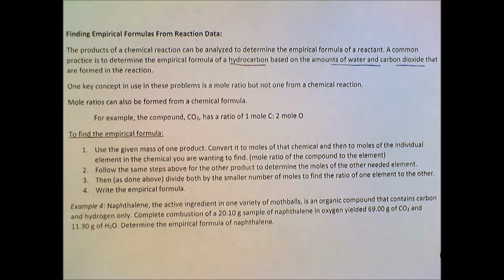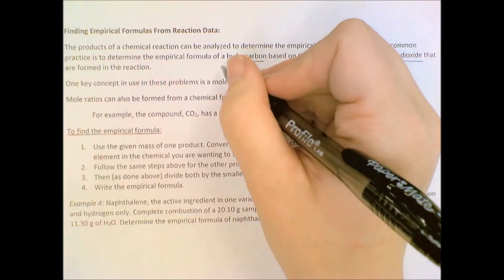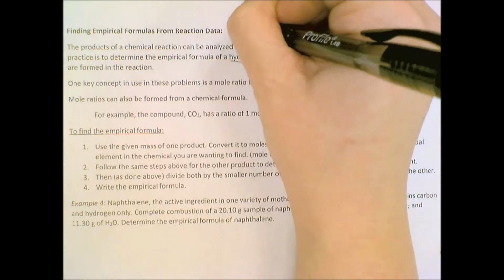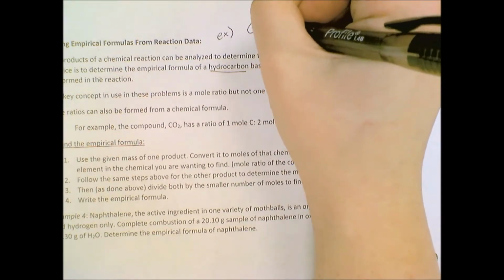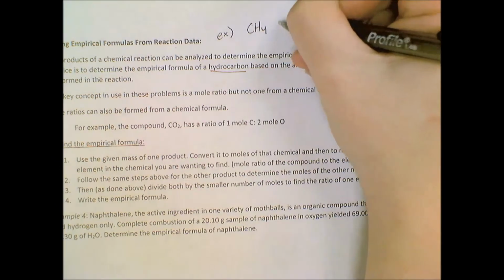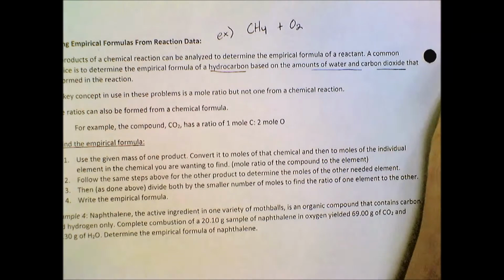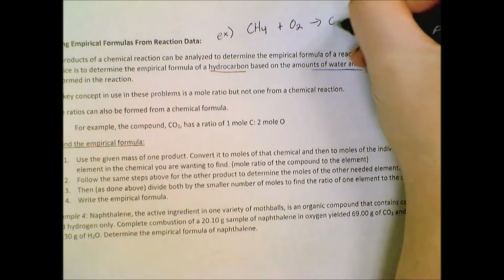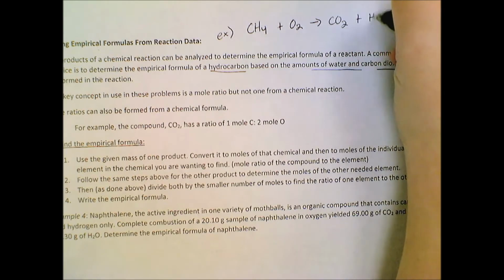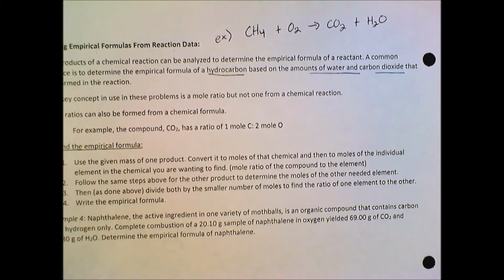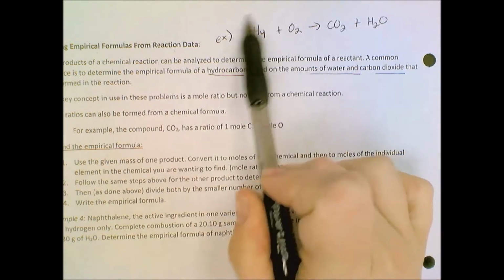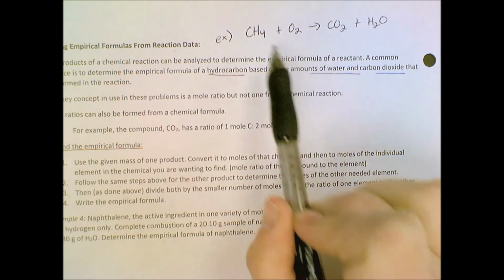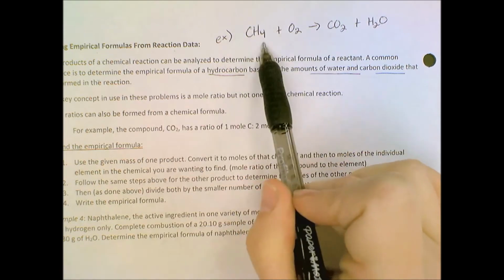So an example of this would be, say we burned methane, CH4. When you burn something, we do it in the presence of oxygen, and it produces carbon dioxide and water. So we want to be able to take some data from this reaction and determine what this chemical formula is.